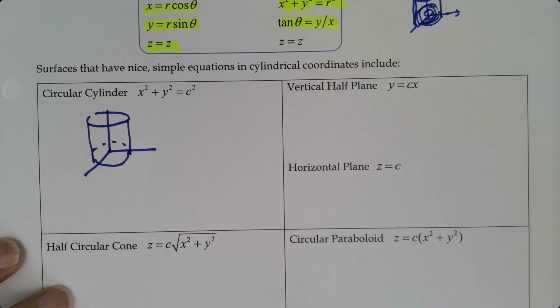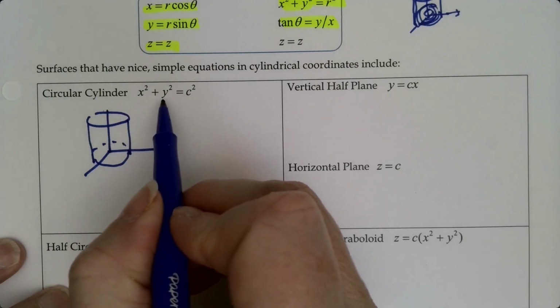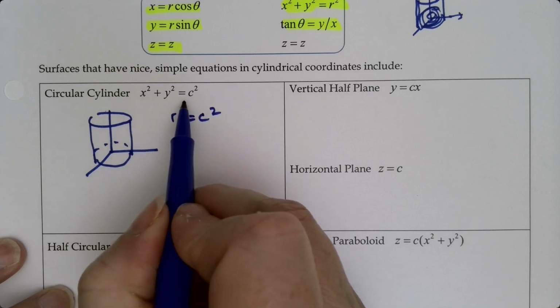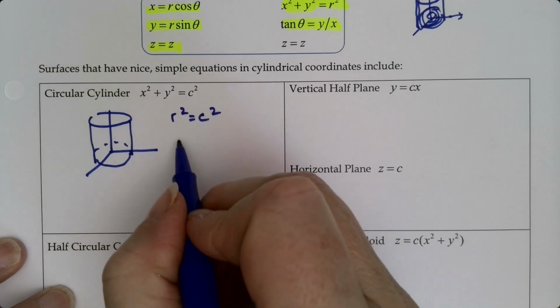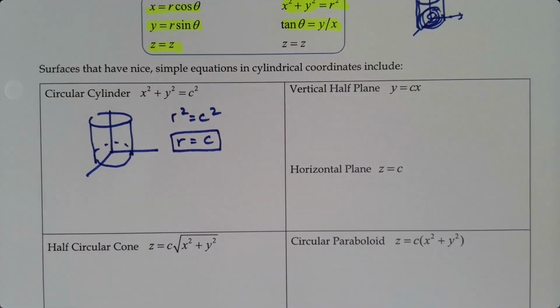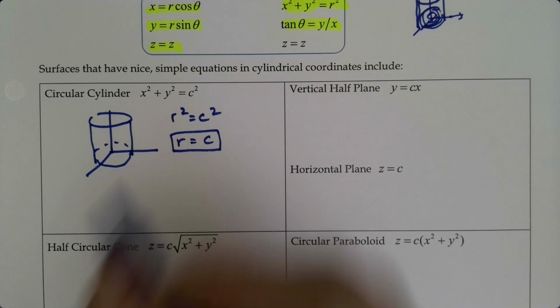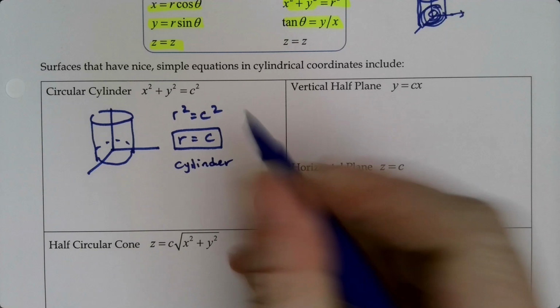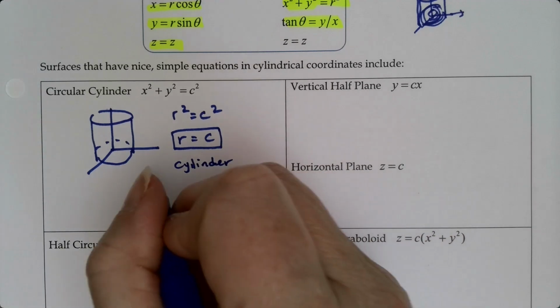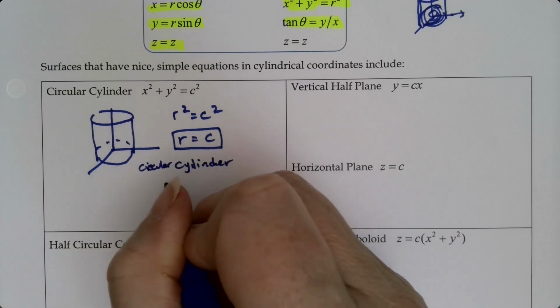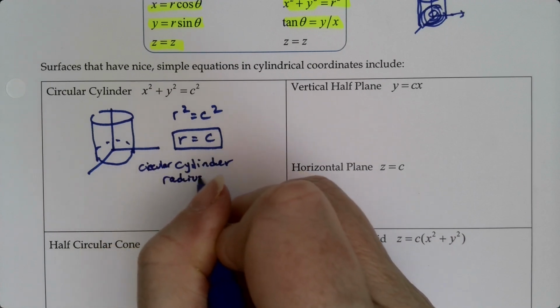It's a circle on the bottom. x squared plus y squared is r squared. So r squared is c squared, and therefore r equals c. So if we establish r is equal to some constant, that's a circular cylinder, radius c.